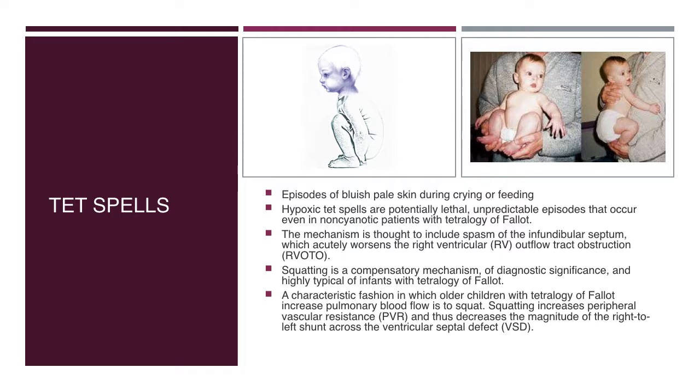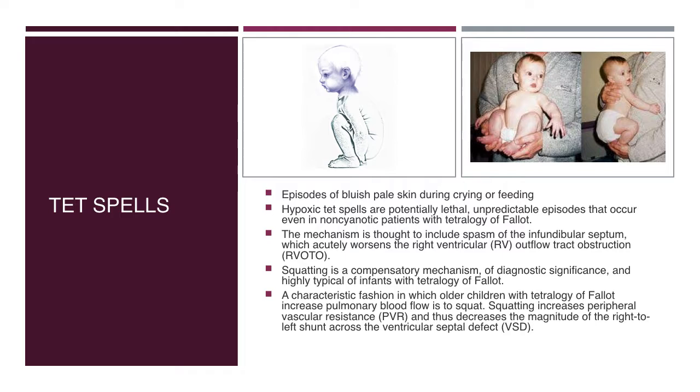So the characteristic of this is that the older children with tetralogy of Fallot increase their pulmonary blood flow by squatting. And the squatting increases peripheral vascular resistance.